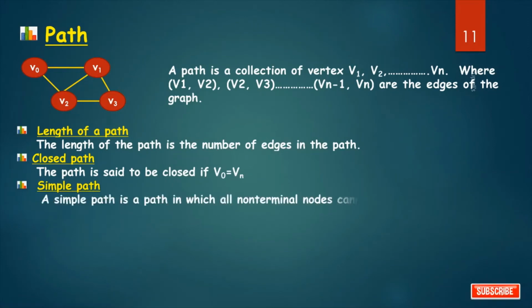Simple path. A simple path is a path in which all non-terminal nodes cannot be repeated. That is, the path is said to be simple if all the nodes are distinct, with the exception that V0 may equal Vn. See the example.